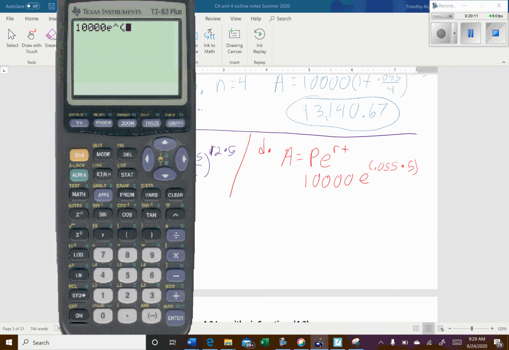Now that parentheses is important because if you don't put the 0.055 times 5 in parentheses, once again the calculator is going to read it incorrectly. So 0.055, and then I'm going to multiply it by 5, close that parentheses, and I should be good to go. So let's see, 13,165 and 31 cents.